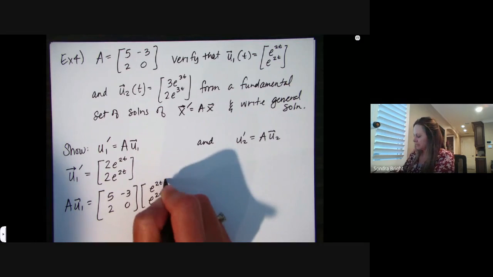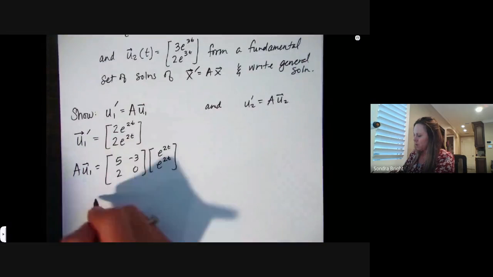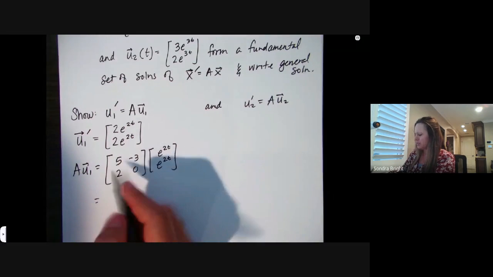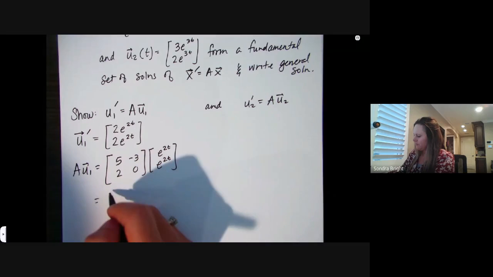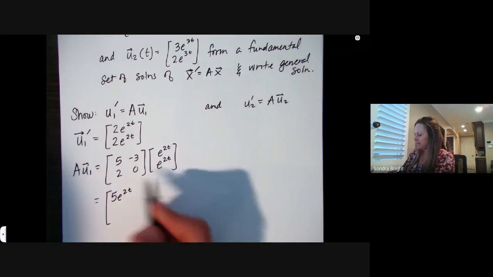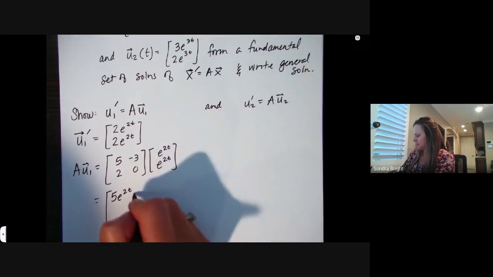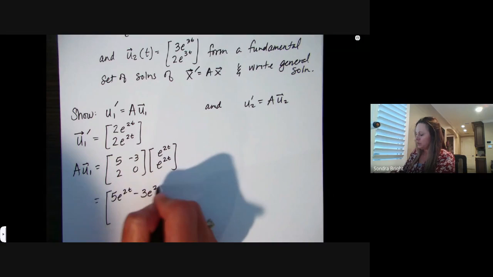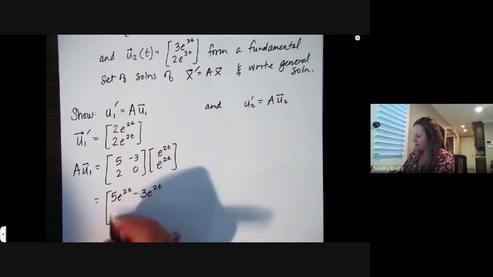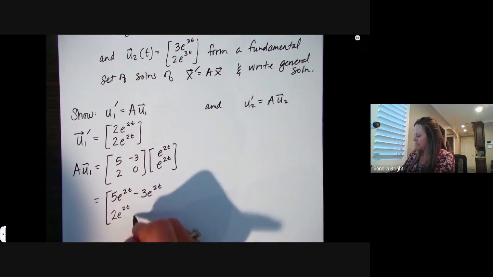Let's multiply these. Row times column, so a 2 by 2 times a 2 by 1, and my answer will be a 2 by 1. 5e to the 2t plus negative 3 times e to the 2t. Row 2 times the column gives 2e to the 2t plus 0 times e to the 2t.